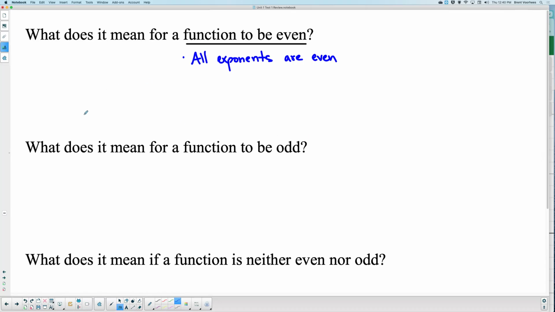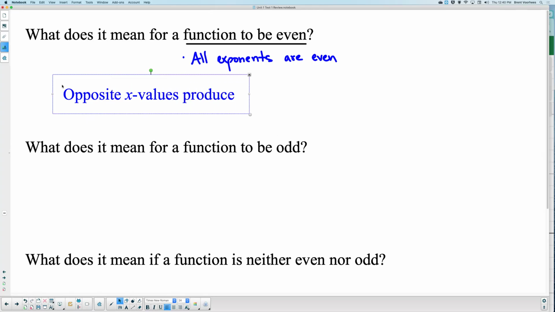Opposite x values. I'm going to just type this in so it's easier to read. Opposite x values produce. What's the math word for same? Equal y values. There you go. So as an equation, that's the definition right there. As an equation, it would look like this.